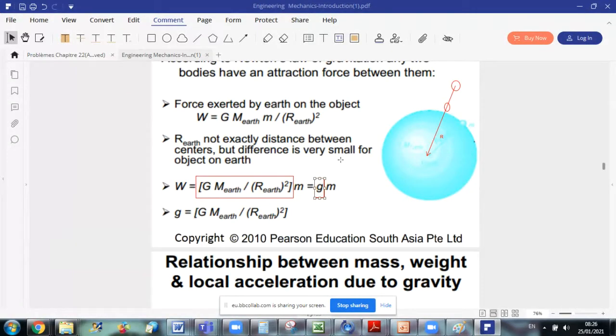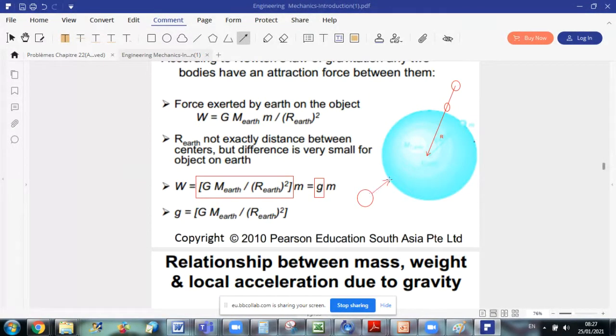This value of 10 or 9.81 is only valid for the case of small elevations, because only if the altitude of the particle from the surface of the Earth is very small can I neglect it compared with the radius. While if I have a very high altitude, so if I deal with satellite applications, then the height separating the Earth from the satellite is very large. And in this case, if I want to calculate the force acting between them, I should consider the distance.